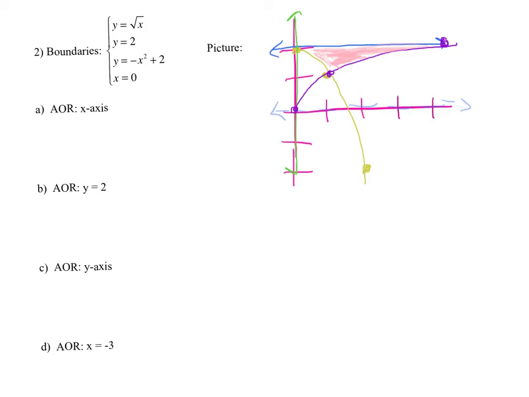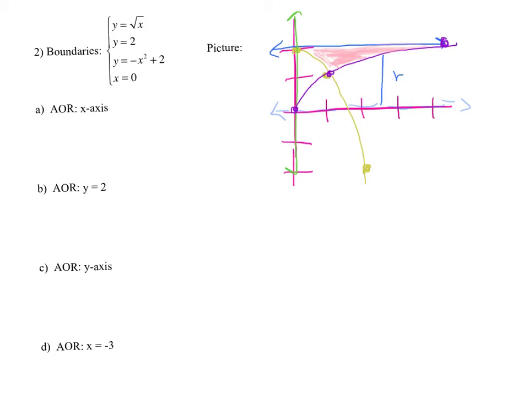And we're actually going to have two small radiuses if we rotate around the x-axis. We can see that we would have a hole between the square root of x and our axis of revolution, so that would be a small r.